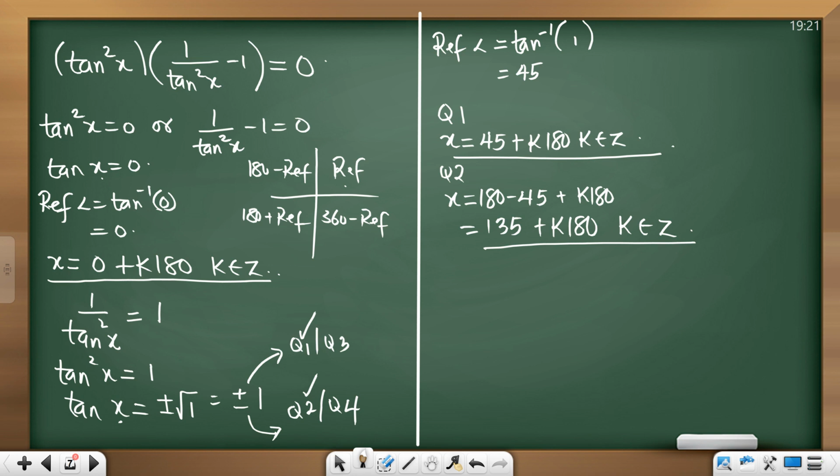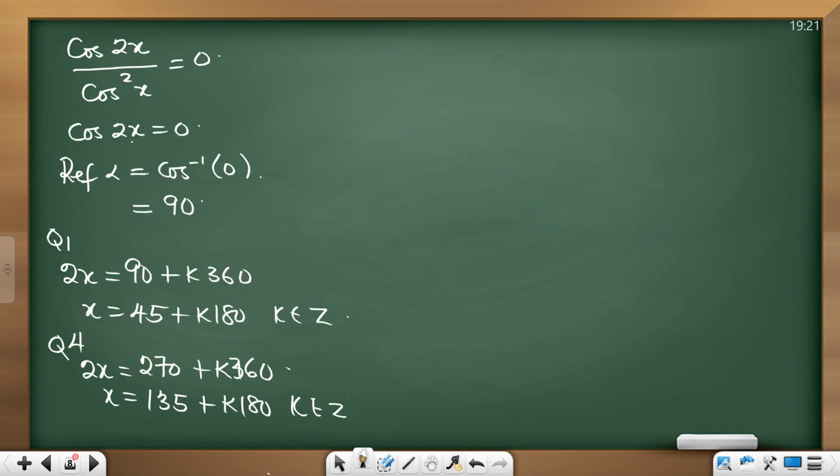However, do you notice there's an extra solution here? How do we then bring this solution in? Guys, it's a 0 here. Automatically, one of the options must be 0.